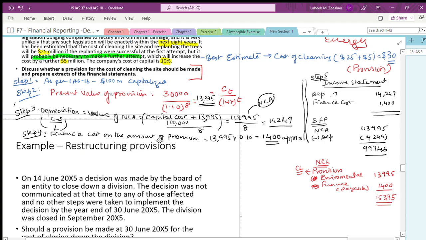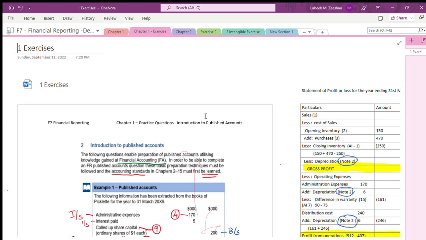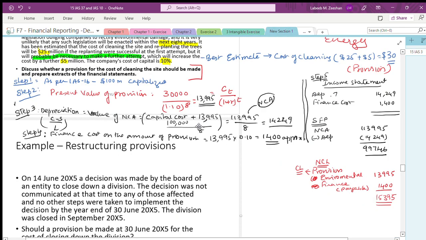You have to be very clear here in two areas. I will tell you before you ask me.